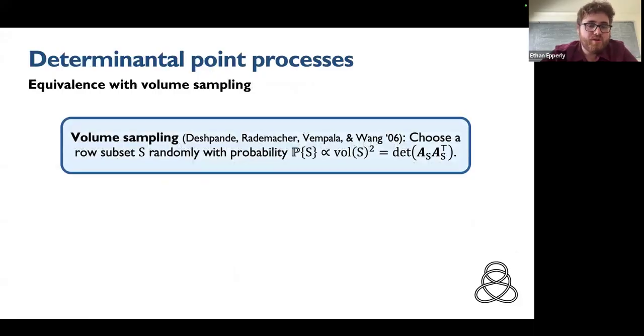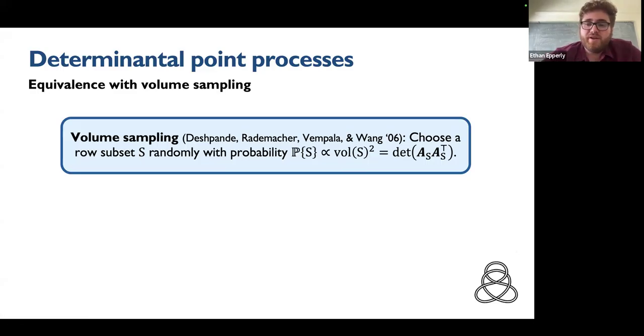Right. So now I want to draw a connection between this idea of volume sampling and another idea. I just want to first note that from this definition of volumes in terms of determinants, we can also think of volume sampling as picking a submatrix S with probability proportional to the determinant of A_S A_S transpose.